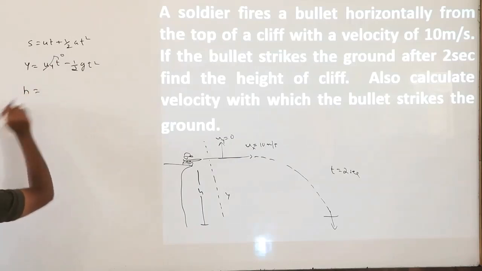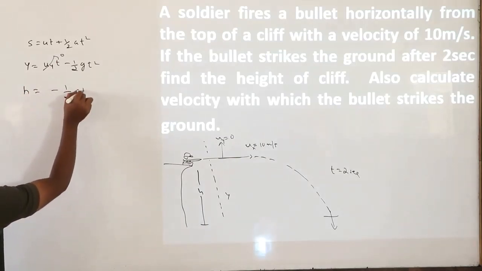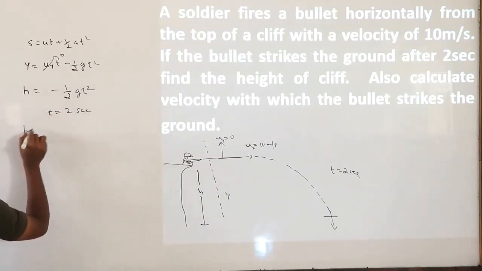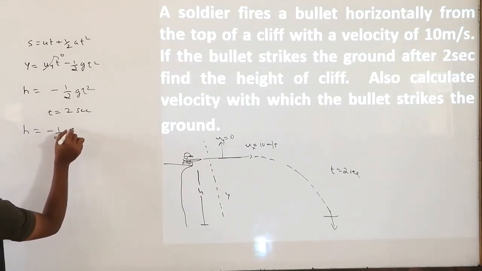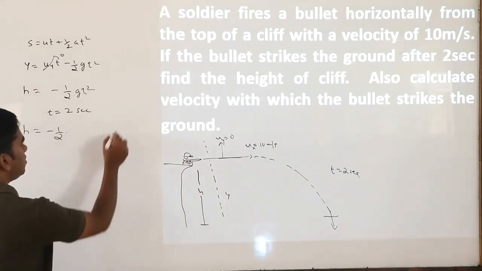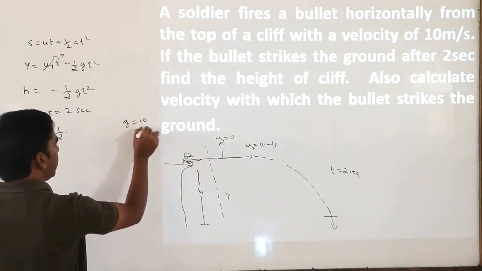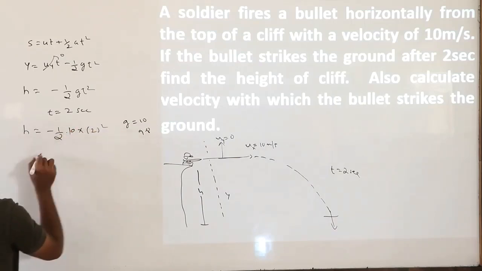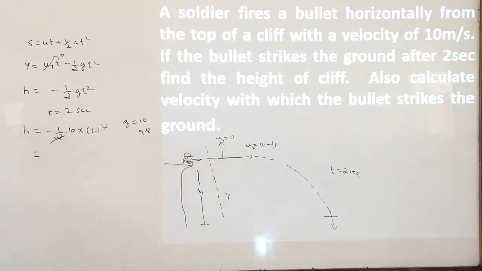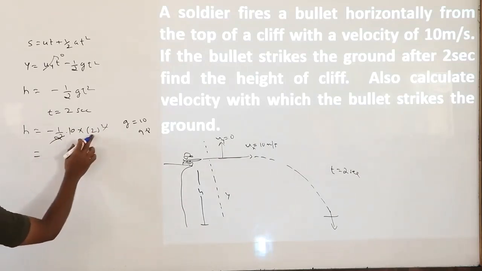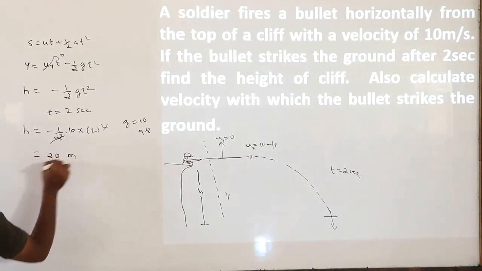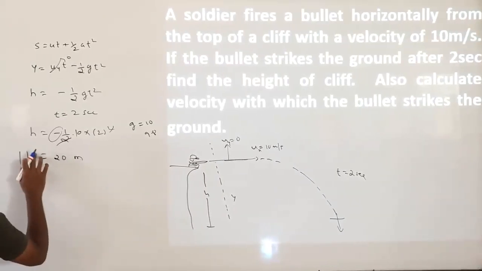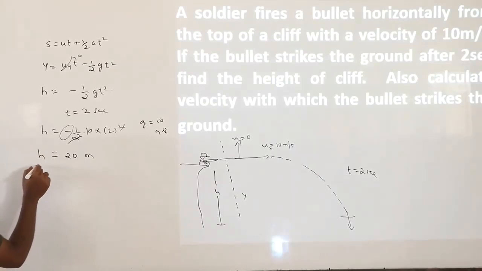Height h equals minus half gt square. t is given as 2 seconds. g is not given, so let me take g equals 10, but usually you should take 9.8. So half into 10 into 2 square; the half and 2 get cancelled, the remaining 2 gives 20 meter. Don't take the negative sign, because height will always be positive.